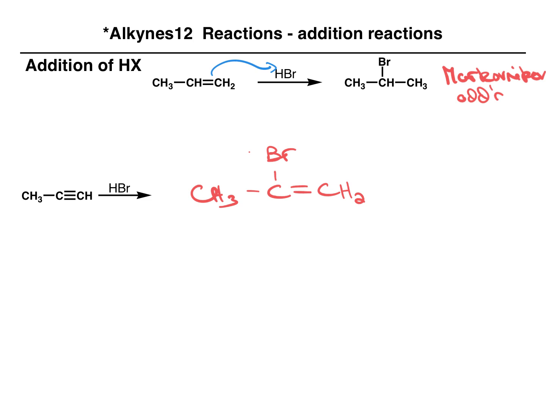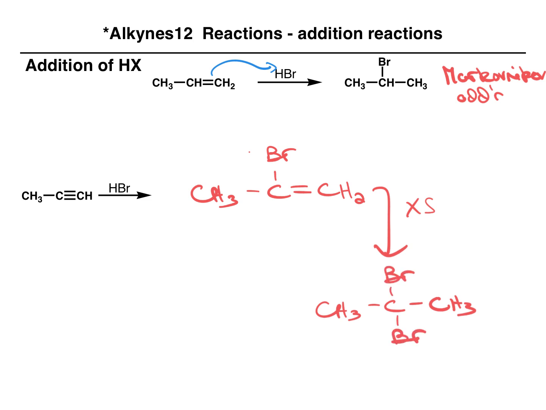Now, if we use two equivalents, or an excess of the HBr, then a second equivalent will add, and that would give us this product.